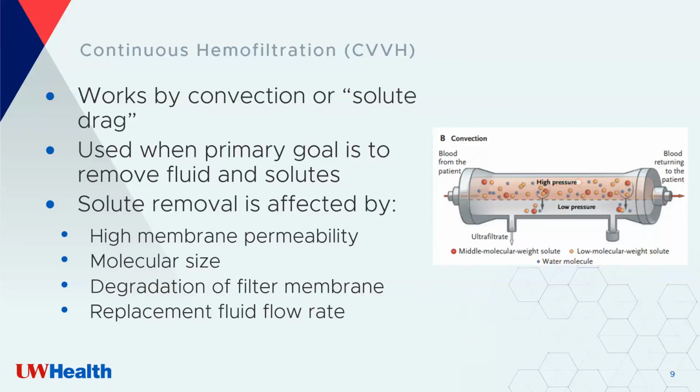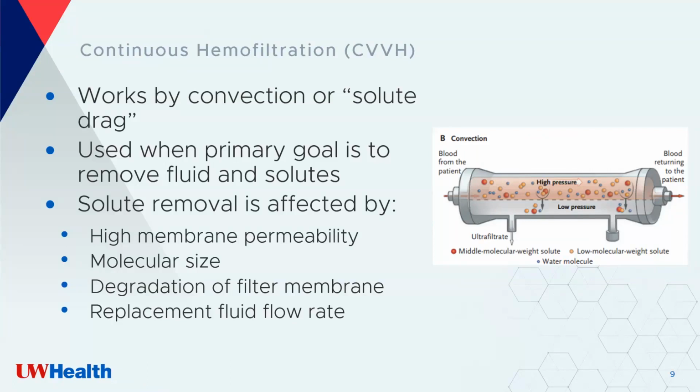To go into specifically how these different modalities work to draw out solutes and fluids, let's first look at CVVH, the modality that we primarily use at UW. It works by hemofiltration, or convection. This means that it forces a movement of fluids out along with the dissolved solutes. It can be used to remove both the fluid and the solutes.